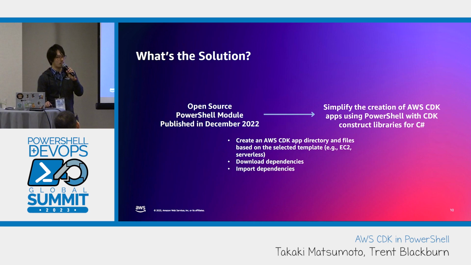As you know, you can import the C# assembly files into PowerShell, and then use those classes. So we kind of took a simple approach here, and then we open sourced it under the AWS Samples organization in GitHub. So you can find it today, which we're going to talk about in a bit. But that's how we came to publish this open source PowerShell module. Any questions so far?